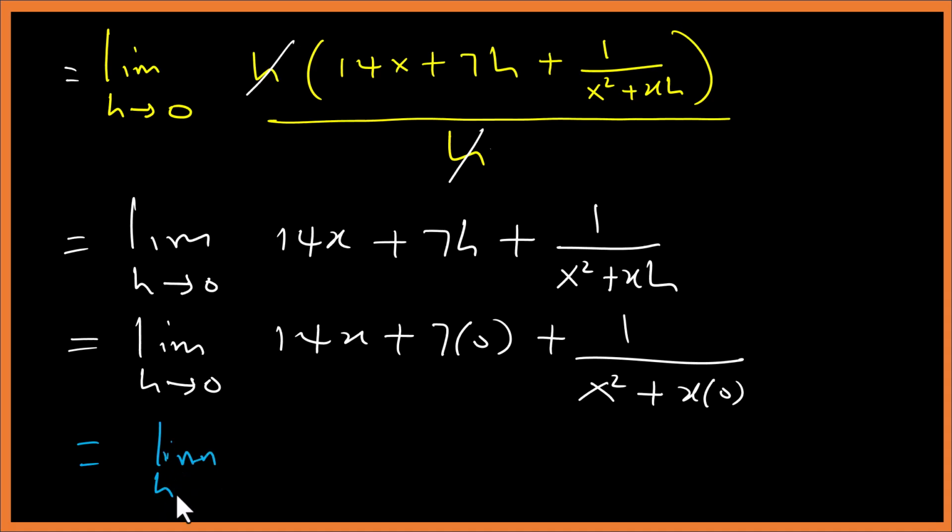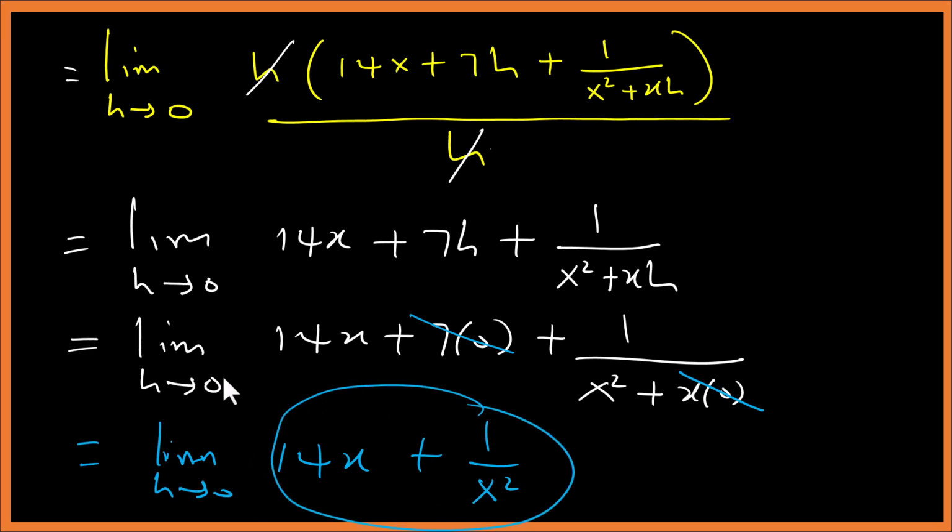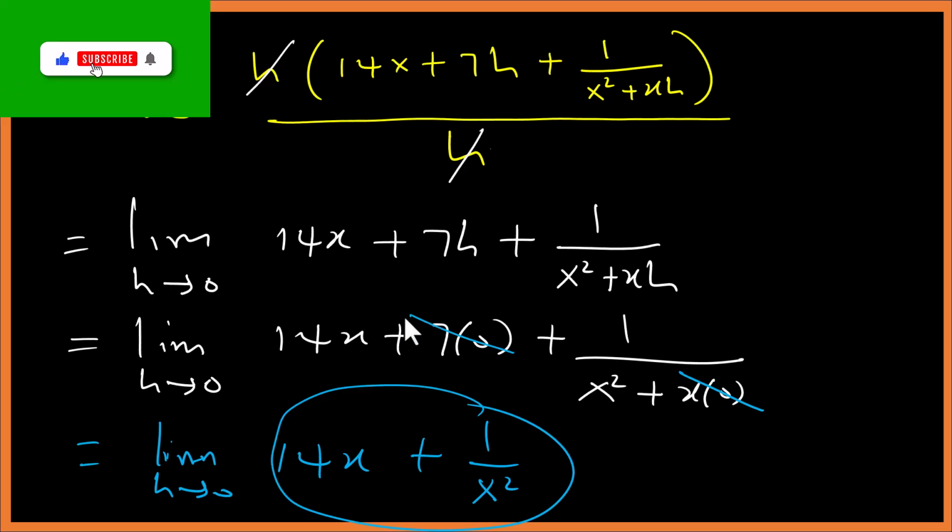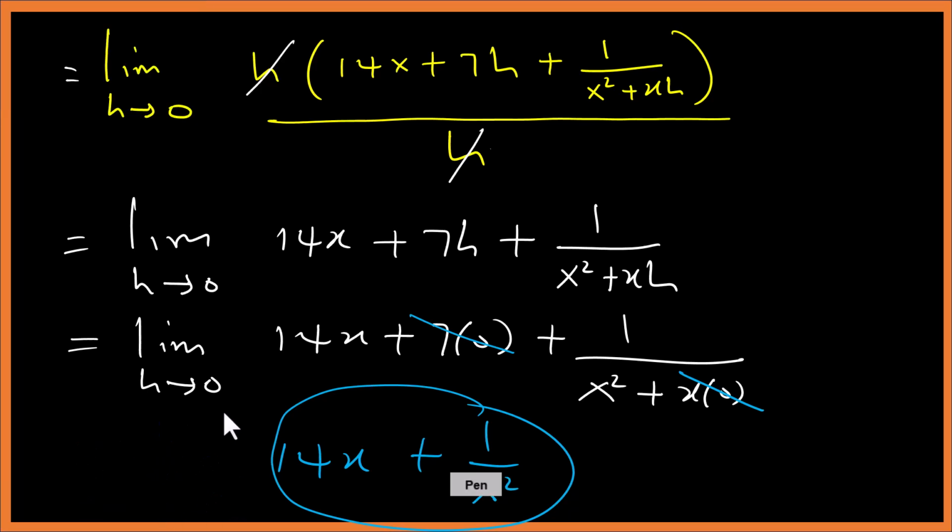So this side will go, this side will go. We are left with 14x plus 1 on x squared. So this is the answer. Once we plug in the 0, our dy/dx or f prime of x will yield this answer.